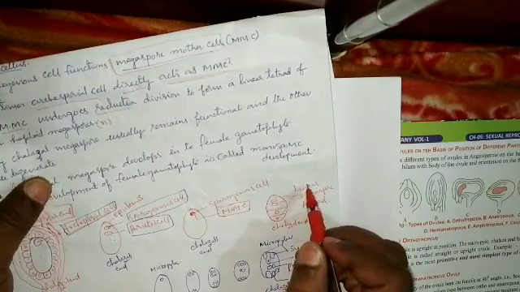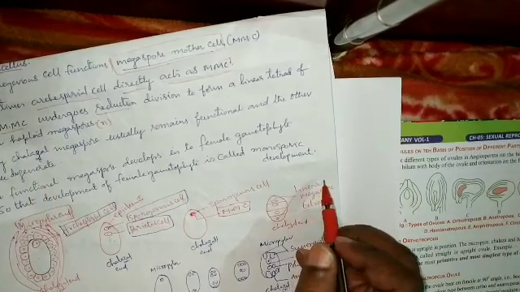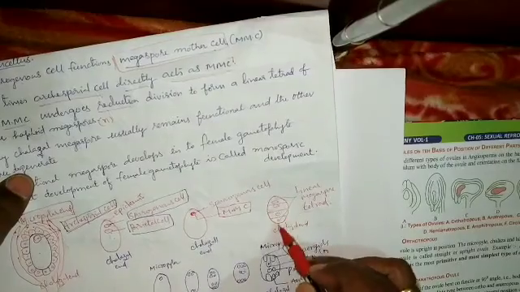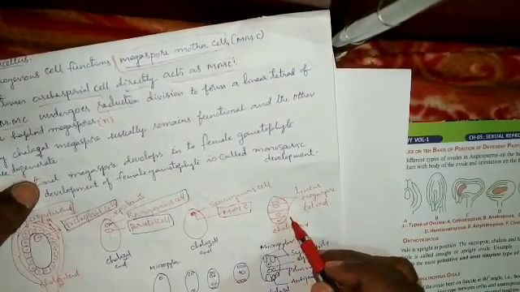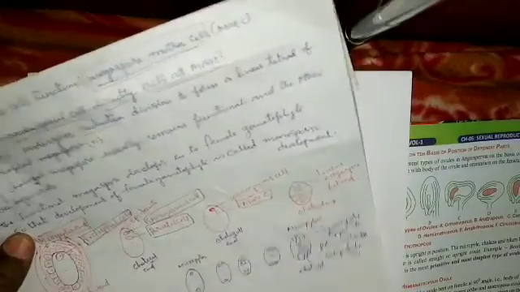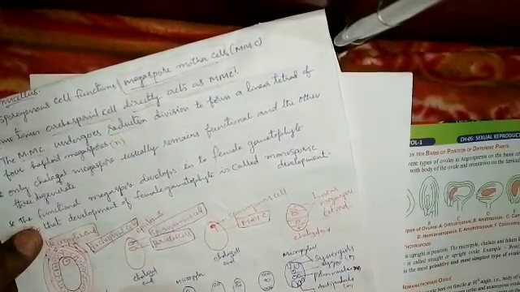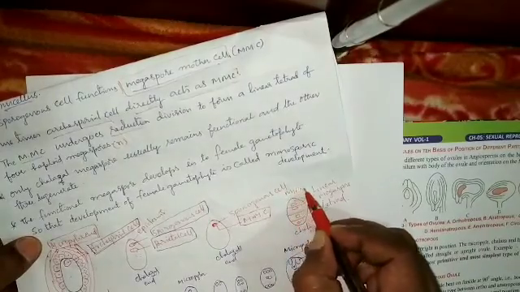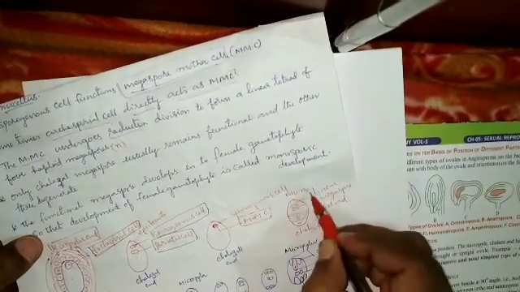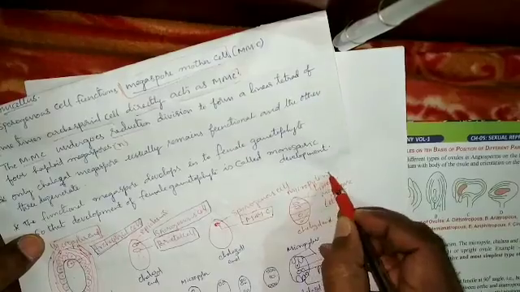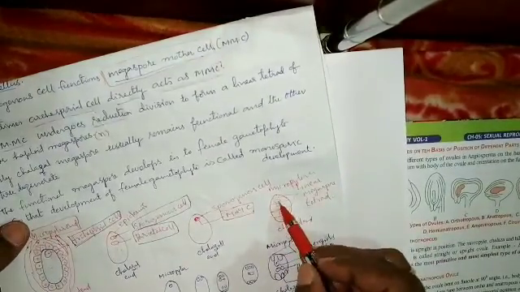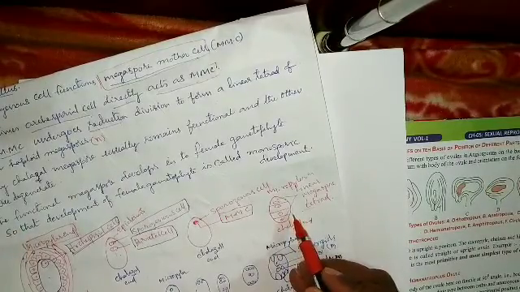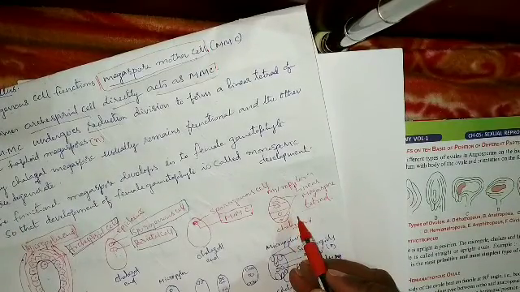Out of these four megaspores of the linear tetrad, only one megaspore, the one towards the chalazal end, survives. The cells at the micropylar end degenerate due to the non-availability of food material.